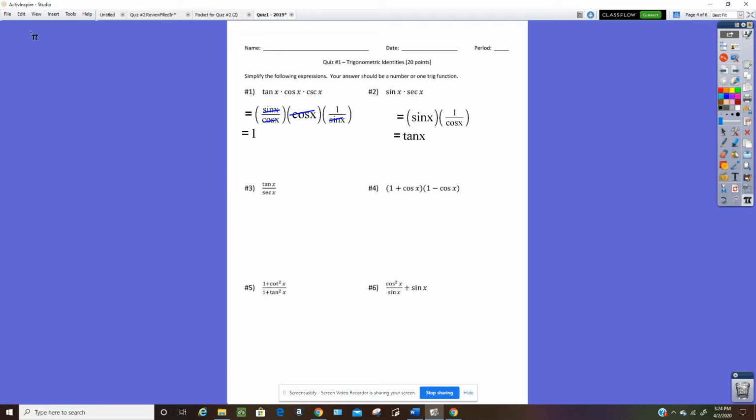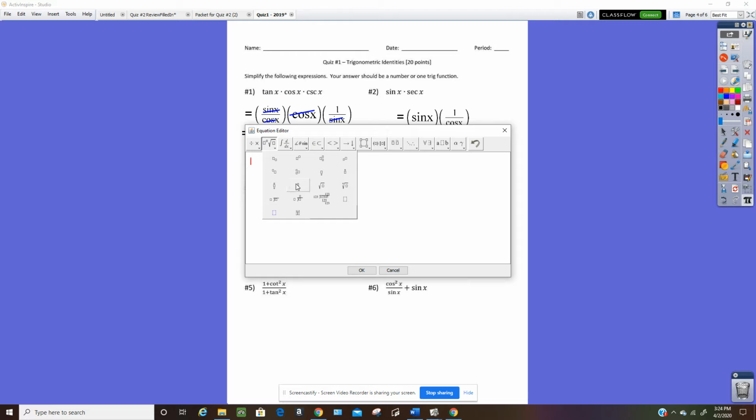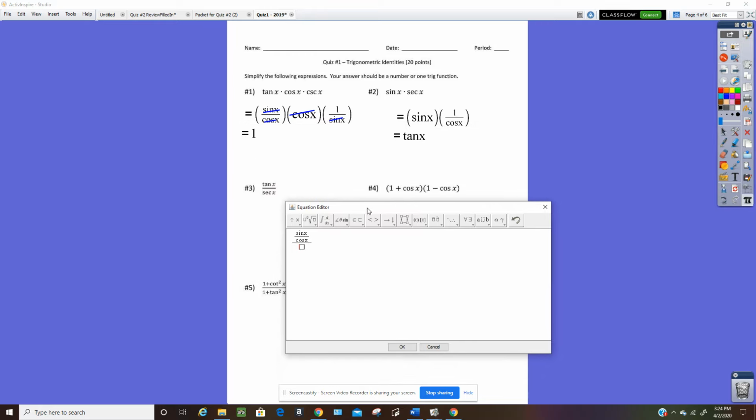And then number 3, so tangent is sine over cosine, and secant is 1 over cosine. And then you're going to multiply by the reciprocal here.